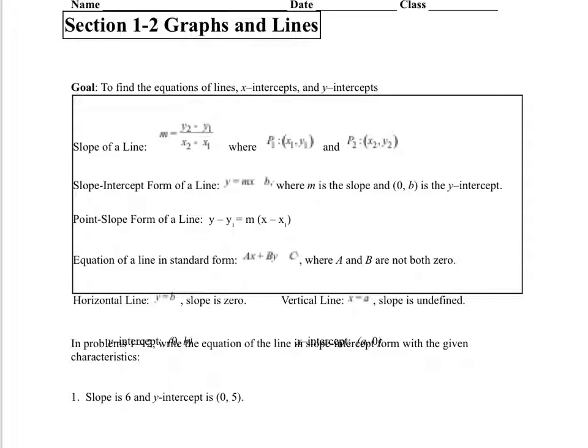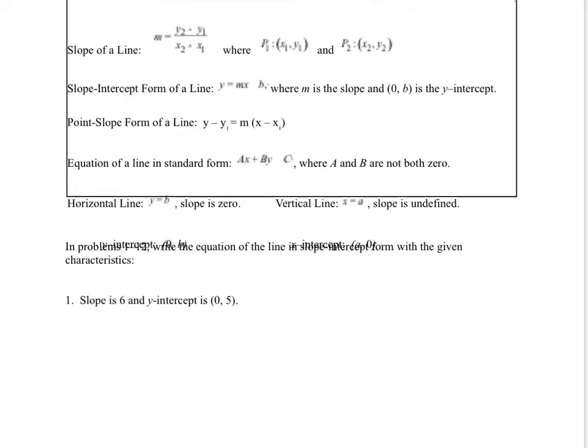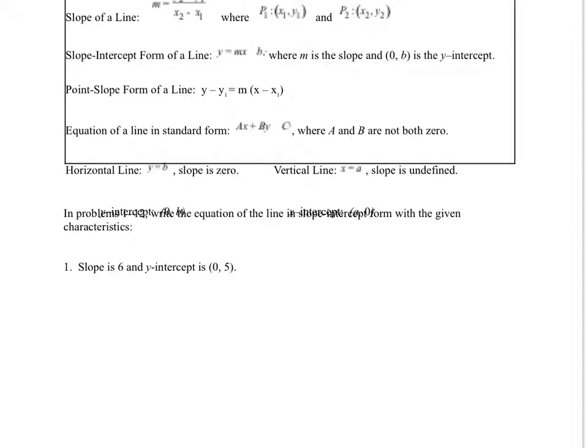Now, as you look at this first question, it's asking you to write the equation of the line in slope-intercept form when you have been given the information that the slope is 6 and the y-intercept is the ordered pair (0, 5).